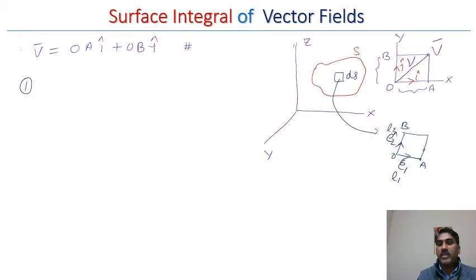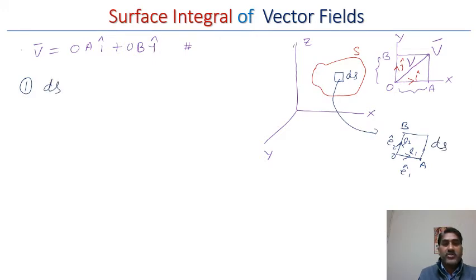So unit vectors are e1, e2 and lengths are L1, L2. I am writing more clearly so that you can see it. So this has length L1, this has length L2, this has unit vector e1, this has unit vector e2. So what is this surface area? The surface area is actually ds.